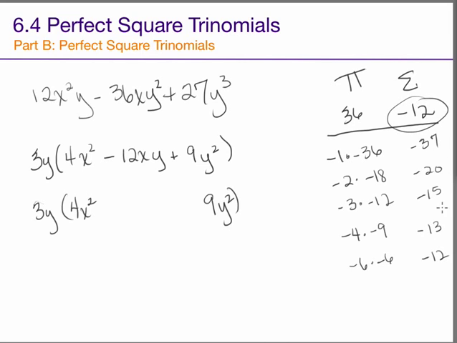The negative 12 I was looking for comes from adding together these numbers. So that's how I need to break up my middle term. What I have 12 copies of here, though, is xy's. So I'm going to rewrite that as negative 6xy minus another 6xy.